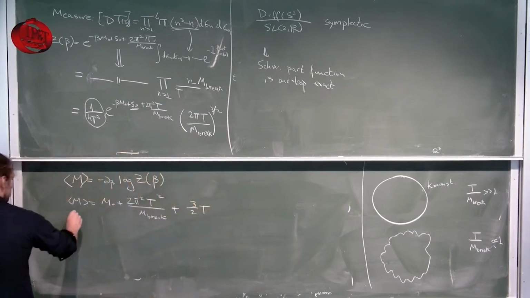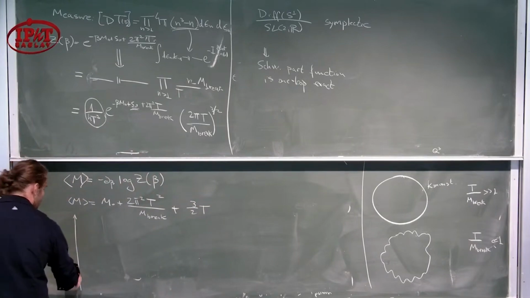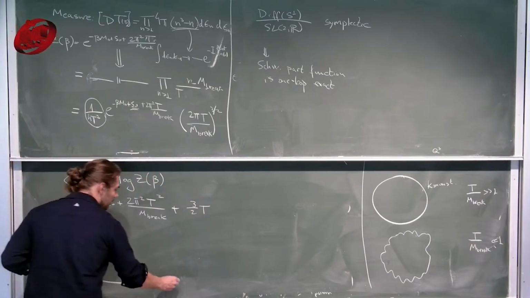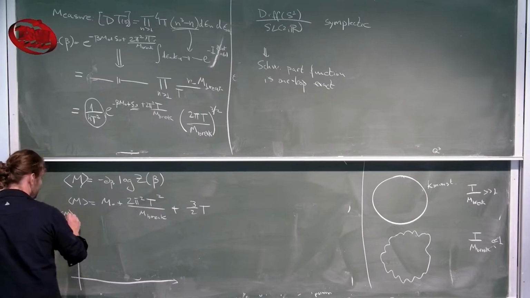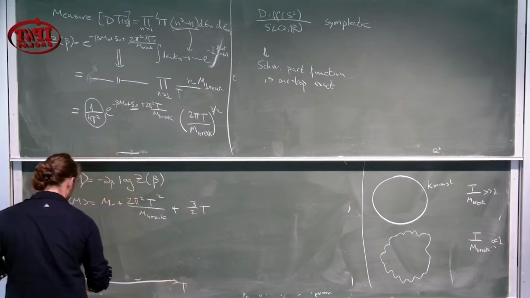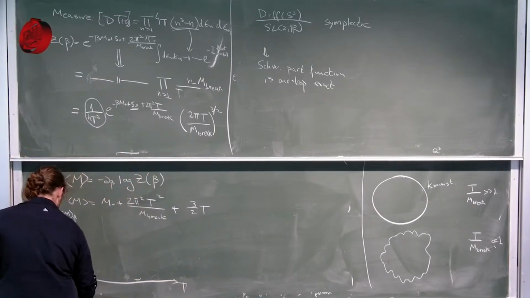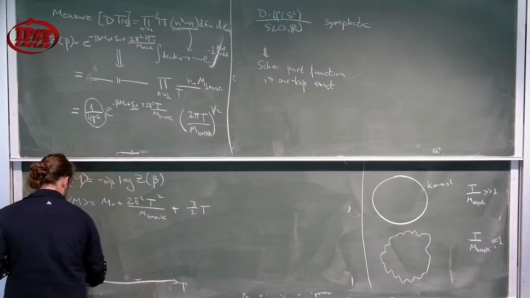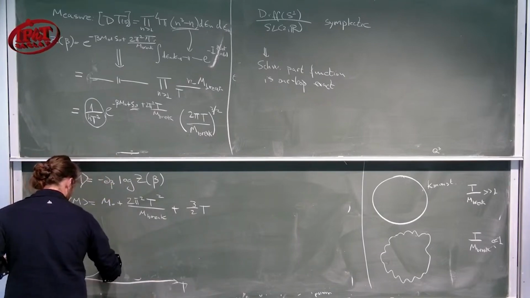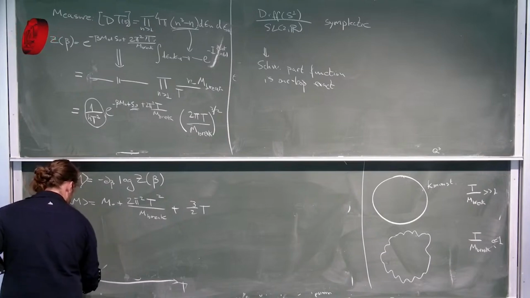So let's plot this just like we plotted the mass above extremality in order to formulate puzzle 1. So here is M extremal. Previously, classically, we found a quadratic function.